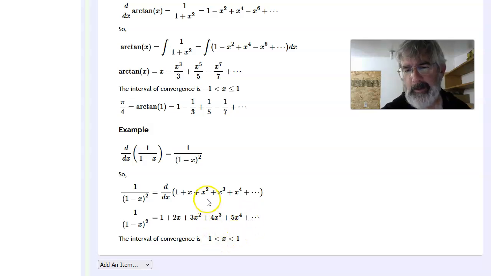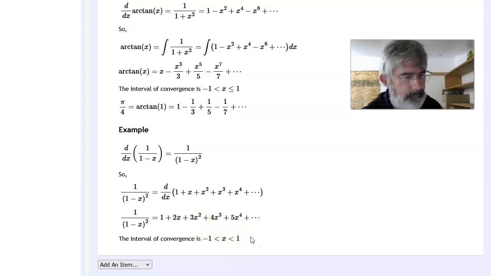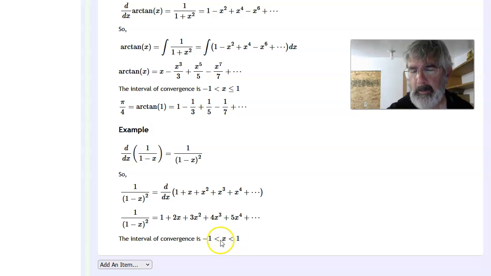Of course, the interval of convergence of the original one was -1 to 1, so the interval of convergence of this new one is also -1 to 1. I will point out it's not immediately obvious that that's true, because the original is a geometric series where each time you multiply by the same thing to get to the next term, multiplying by x each time. Here it's not.